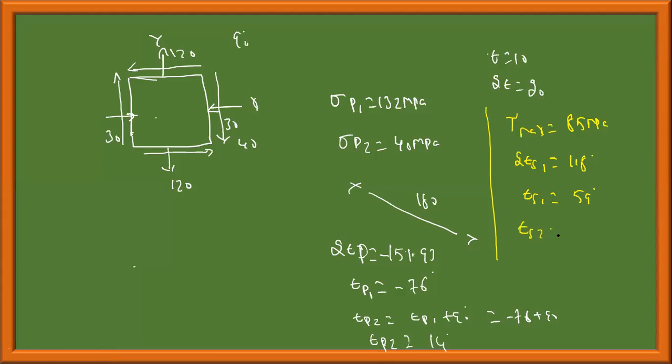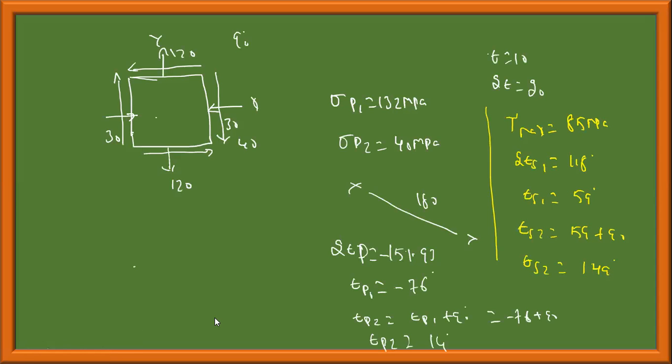Theta S2 is equal to 59 plus 90, which is 149 degrees. Yes, sir, 149 degrees. This is theta S2.